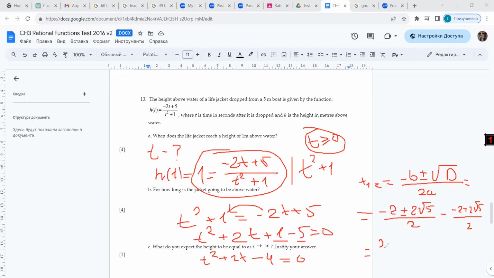It's going to be 2 times negative 1 plus square root of 5 divided by 2. This is getting simplified. Equals negative 1 plus square root of 5, which is your answer for A. After what time does the jacket reach the height of 1 meter above the water? Negative 1 plus square root of 5.